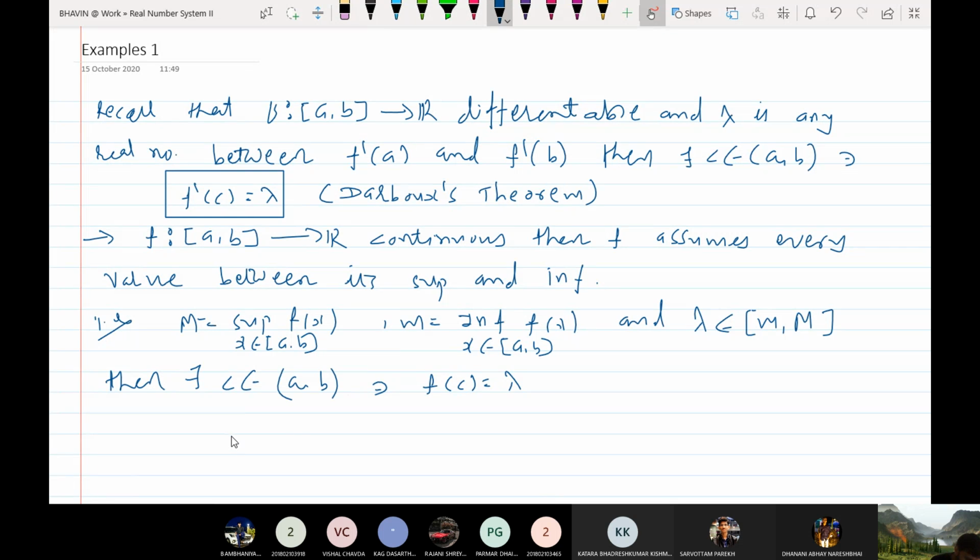So this is intermediate value theorem for, or in more general, you can also take in this way.